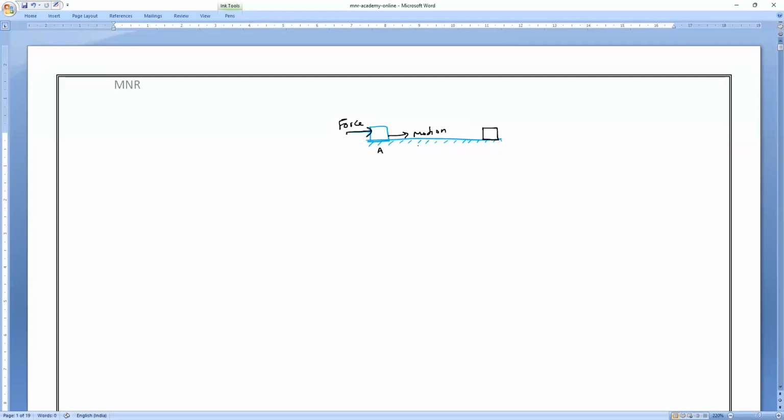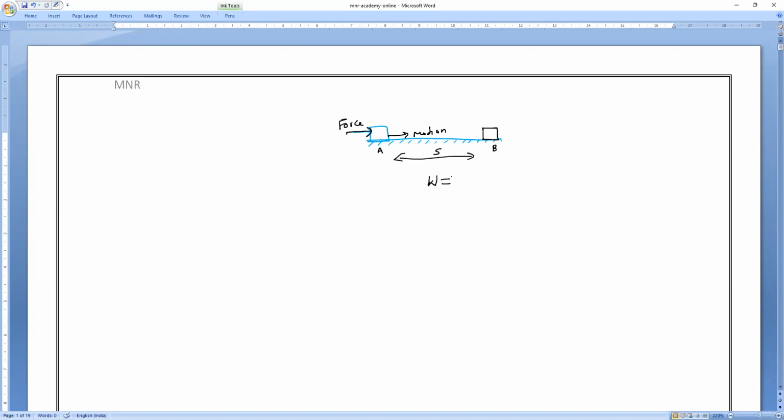So from point A to point B, let me take the distance between them as S. In this case, the work done is equal to, what is the formula we have got, everybody? Work done equals force times displacement.